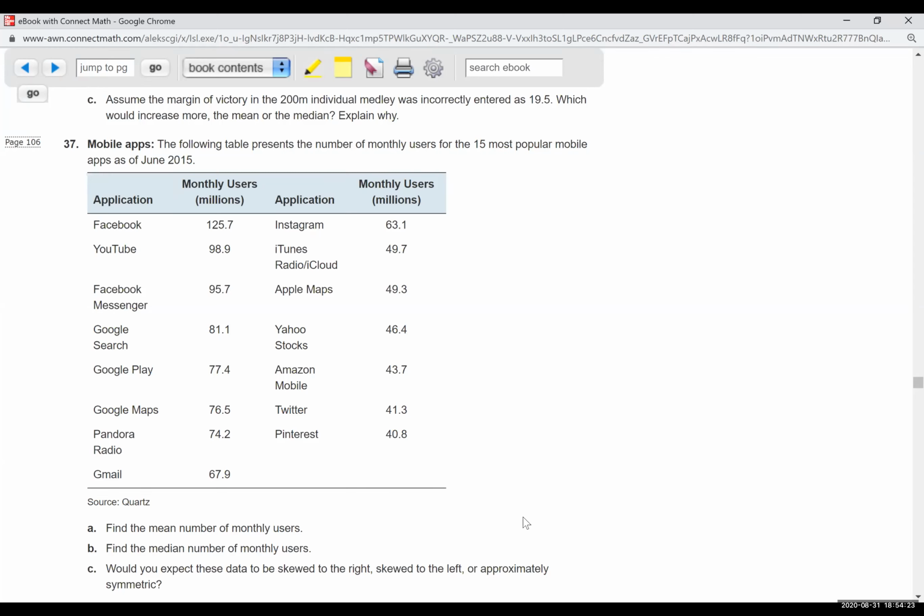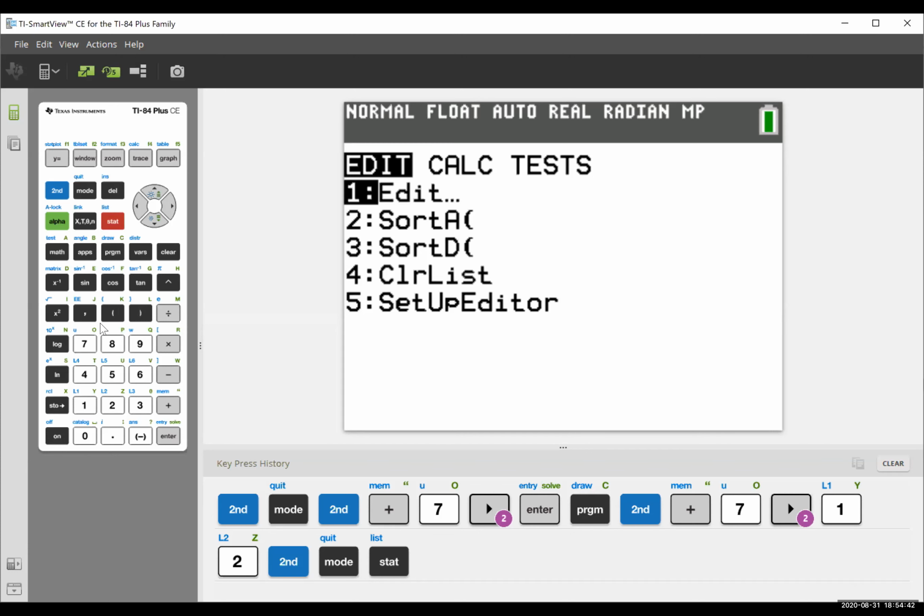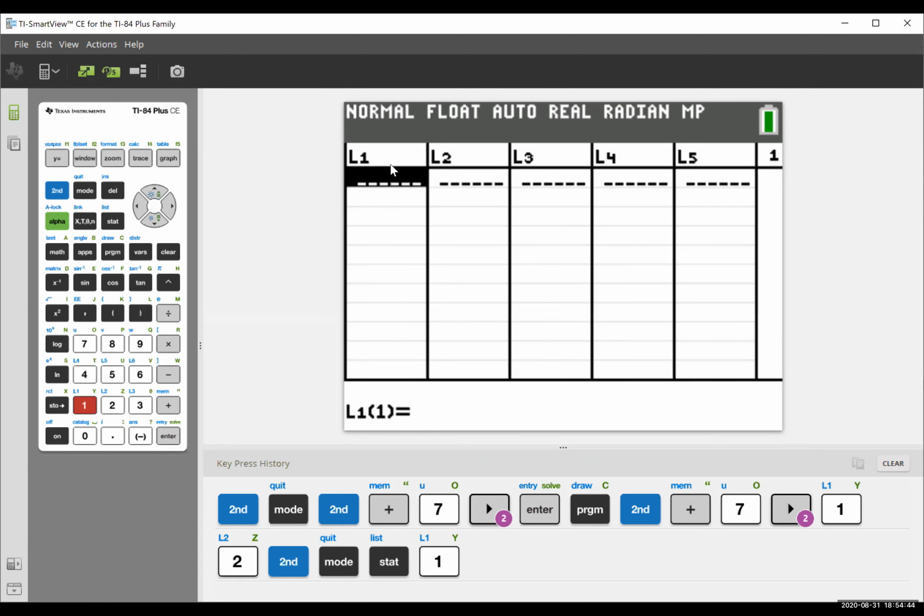To do that, using your graphing calculator, I'm sharing a calculator here. All you have to do first is STAT 1 and enter the data here.